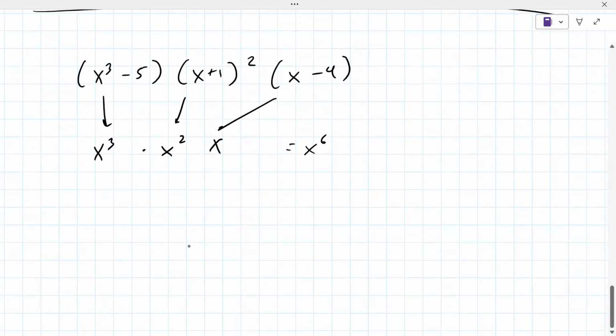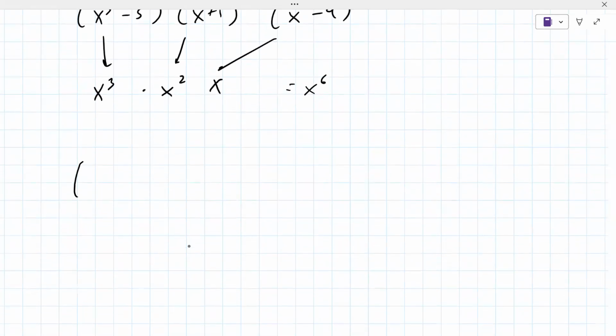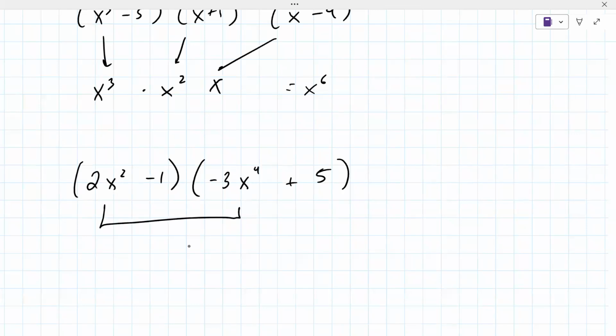Another thing here is what if the coefficients are changed? Like let's say it's 2x squared minus 1 times negative 3x to the 4th plus 5. So we know that it becomes negative 6x to the 6th, like that.